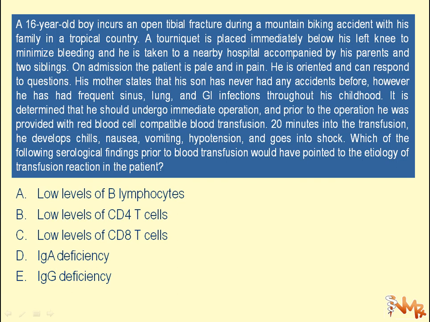Frequent sinus, lung, and GI infections should bring your attention to IgA deficiency, because these patients are more at risk for mucosal infections, and for GI and respiratory infections. But the question that we still need to answer, and I want you to know the mechanism of it, is why quite often we incidentally identify this when the patients get a blood transfusion, and why they get such a serious reaction. So that's the fact that I want you to lock in.